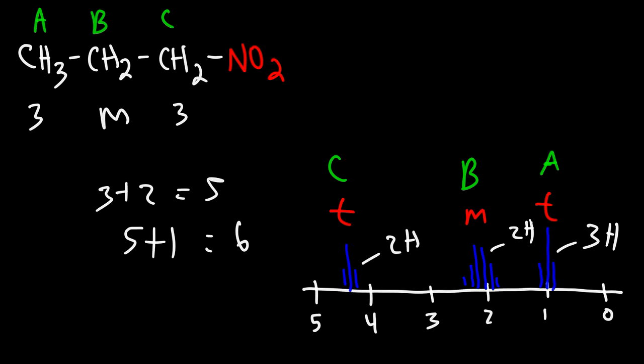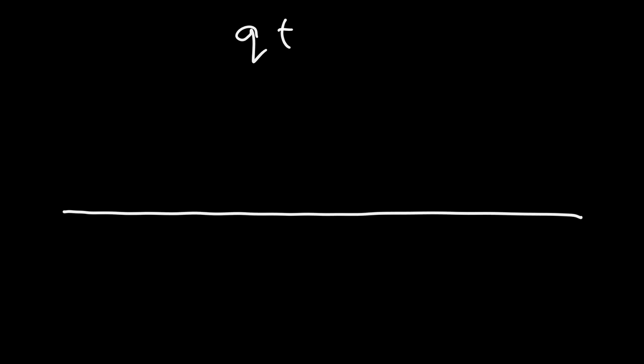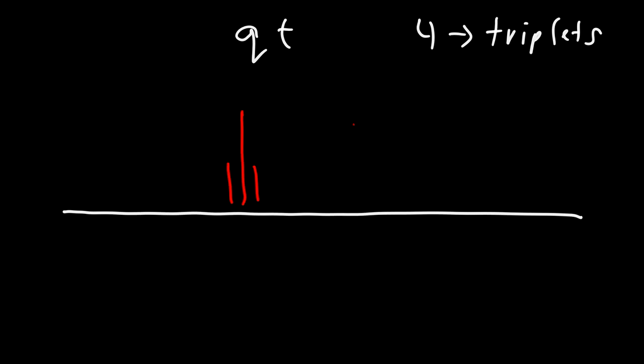Now, for those of you who may want to know what a quartet of triplets looks like and a triplet of quartets, here's how you can draw it. So let's start with a quartet of triplets. So what this means is that we have 4 triplets. So here's the first triplet with a 1-to-1 ratio, and here's the second one.